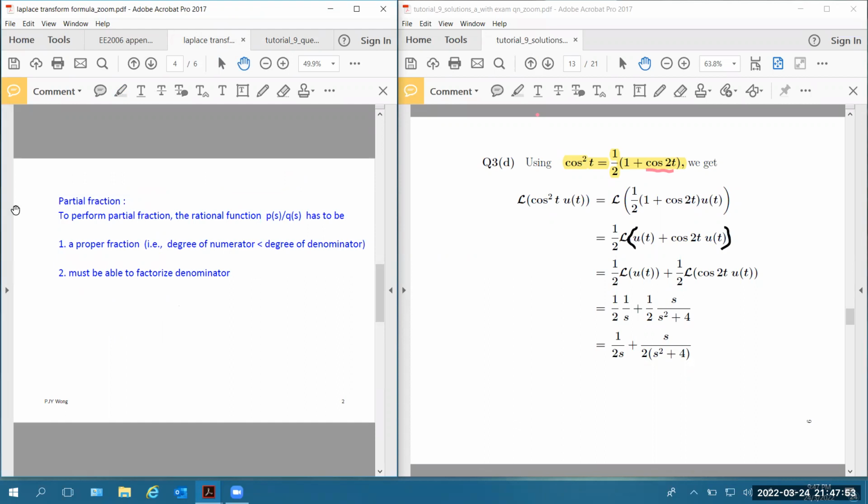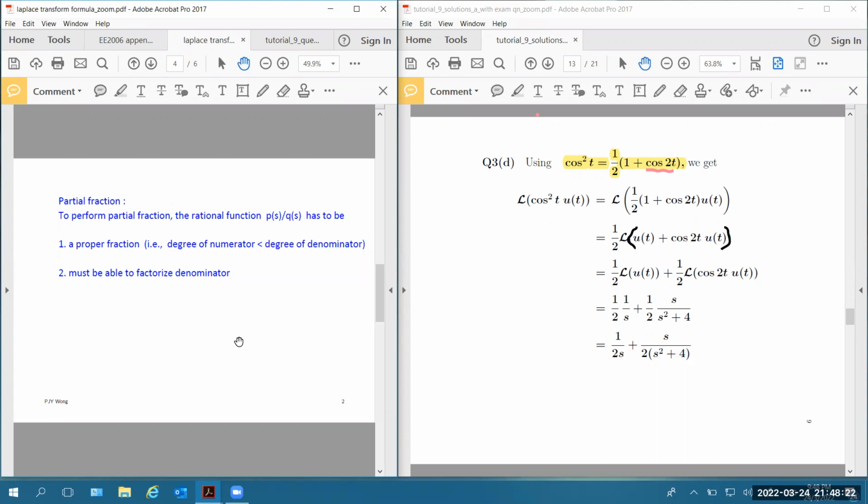To perform partial fraction, your rational function P(s) over Q(s), where P and Q are polynomials of s, first of all must be a proper fraction. What's the meaning of proper fraction? That means the degree of the numerator is less than the degree of the denominator.